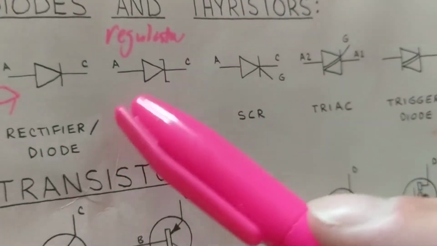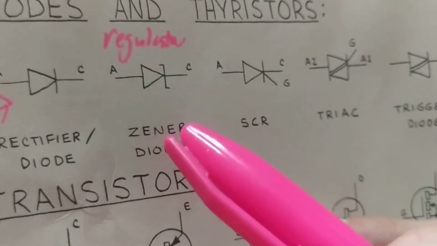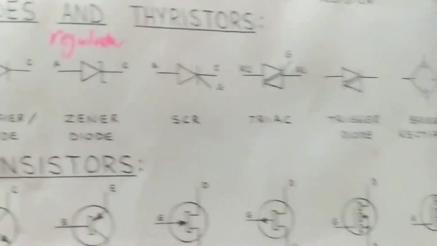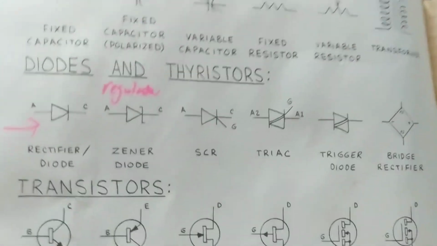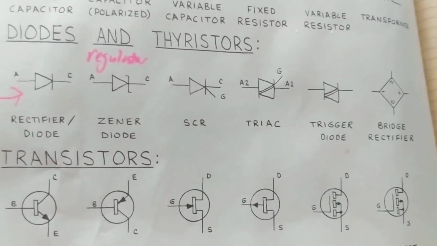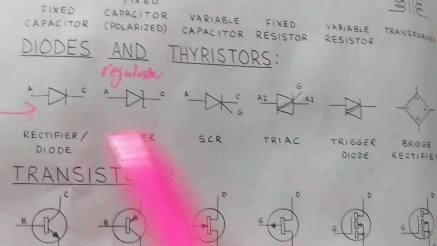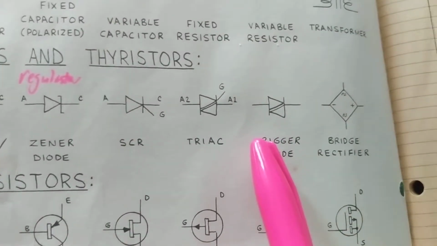And it is used, like we said, to regulate the voltage, to keep it constant. It is very, very popular and needed. So you have to understand these. Always know these symbols, and we'll go through how they all work. This is just to familiarize you with the symbols when you see them.